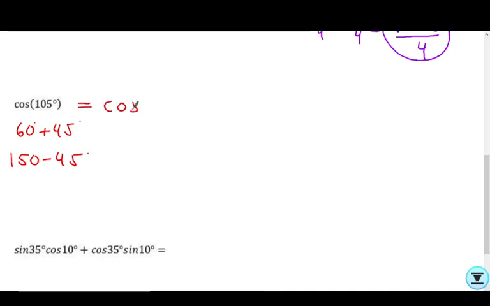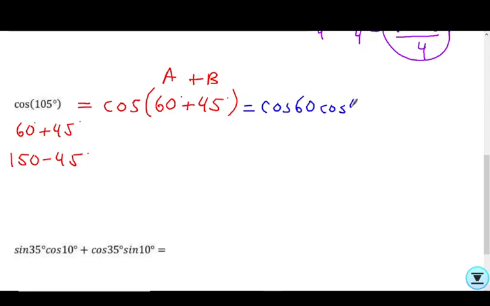So this is cosine of 60 degrees plus 45 degrees. So again, this is A plus B. And you just go to your formula chart, and the formula chart says when you're taking cosine of A plus B, that's going to be equal to cosine of A, which is 60, times cosine of B, which is 45, minus sine of A, which is 60, times sine of B, which is 45.